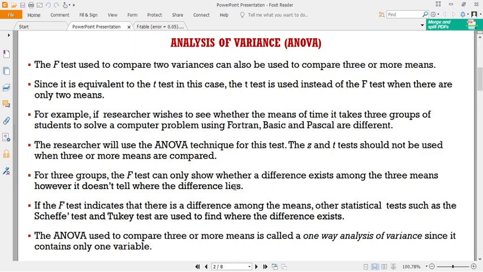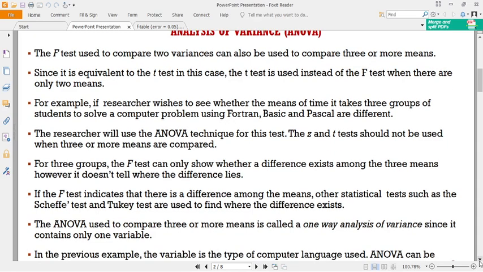For three groups, the F-test can only show that there is a difference among the means. However, it doesn't exactly tell where the difference lies. So it's always advisable to go further and use other tests, such as the Scheffé and Tukey, to find where the difference exactly lies.